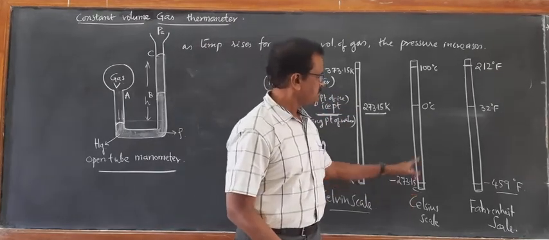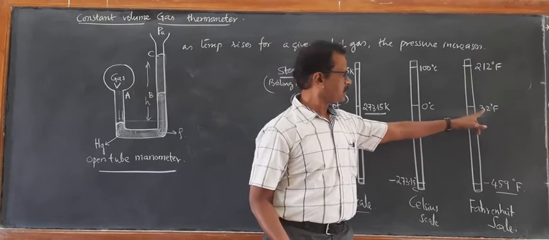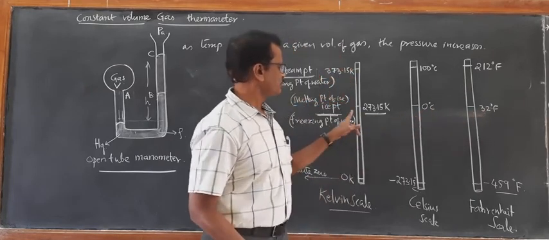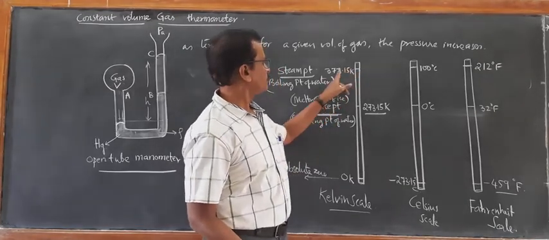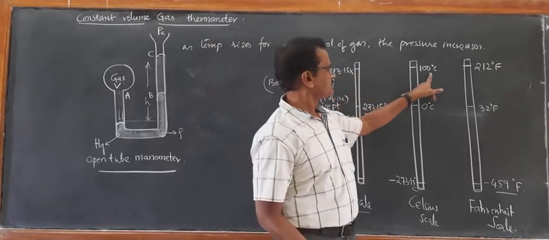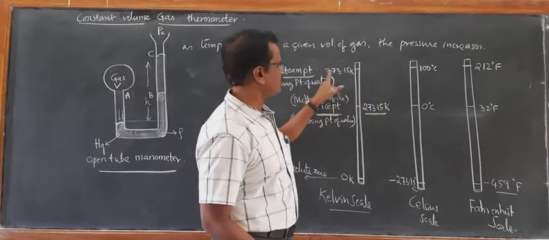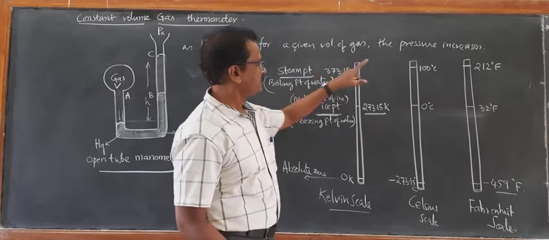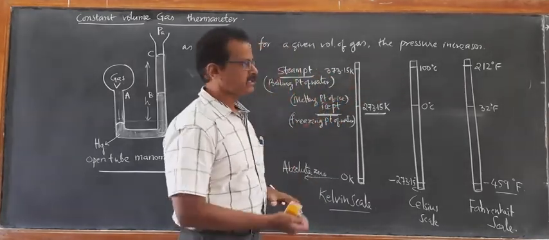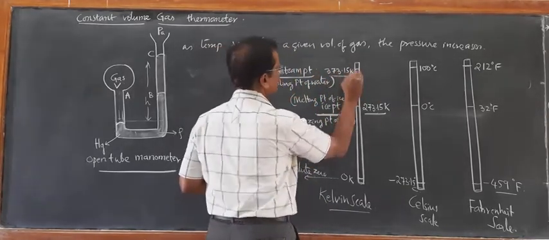Yesterday we learned about this. 0 degrees Celsius, 32 degrees Fahrenheit is the lower fixed point, which is the ice point. The upper fixed point is 100 degrees Celsius, the boiling point of water, and 212 degrees Fahrenheit in the Fahrenheit scale. In the Kelvin scale it comes out to be 373.15.